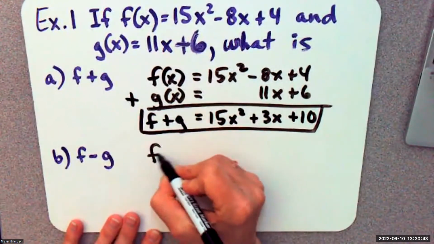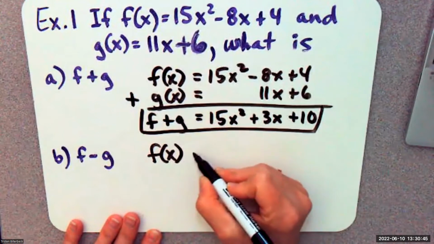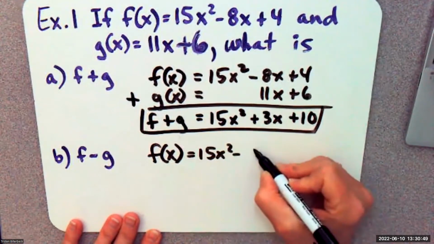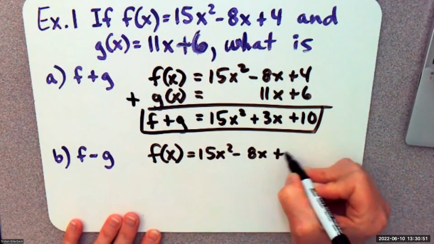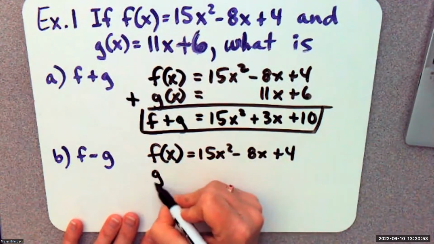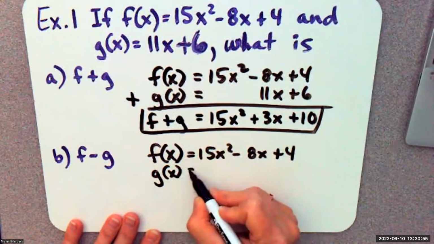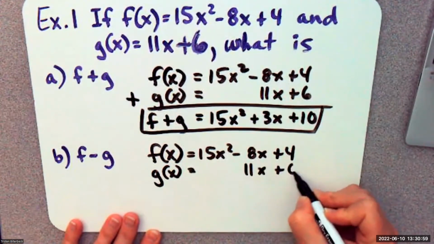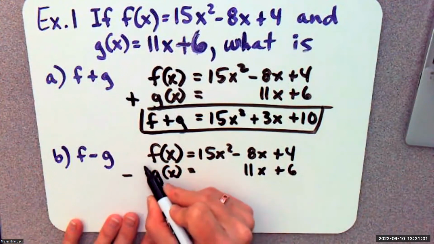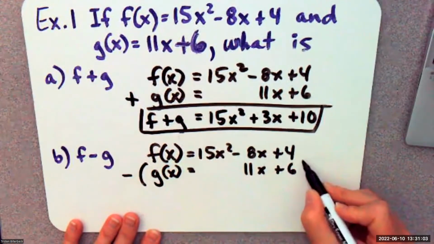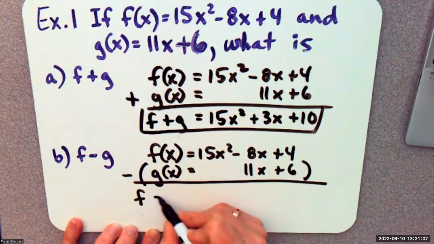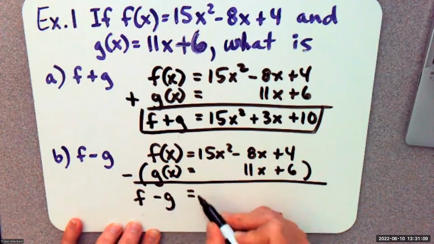Now, it's very similar. f of x equals 15x squared minus 8x plus 4, and then we have g of x equals 11x plus 6. But this time we're going to subtract this whole equation from the other one when we do f minus g.